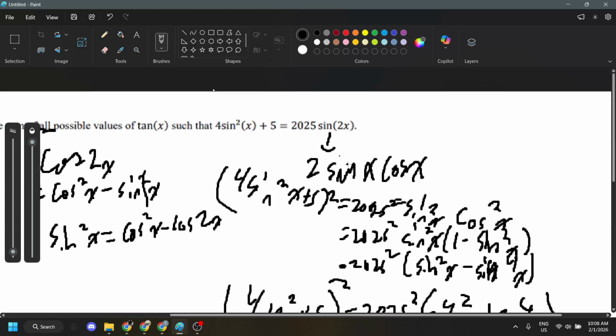Well, maybe let's go a different way about this. Find all possible values of tangent of x such that 4 sine squared x plus 5 equals 2025 sine of 2x. Maybe we could just use trial and error of known values of sine.